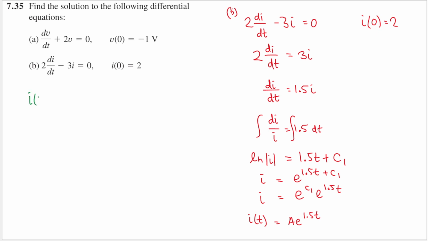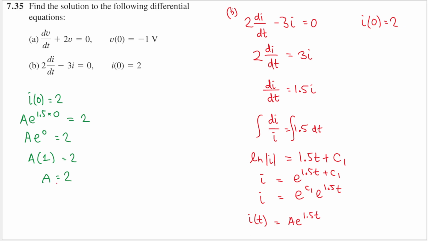So i(0) is equal to 2, and then we will have on the left hand side A e to the 1.5 multiplied by t equal to 0, and then that will equal 2. So we will have A e to the 0 is equal to 2. e to the 0 is just 1, so A multiplied by 1 is equal to 2. 1 is the identity element, so I will have A is equal to 2.